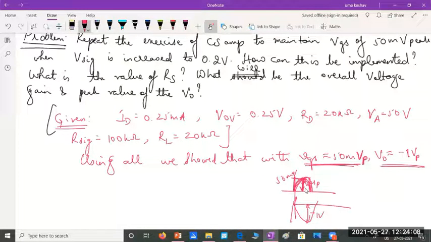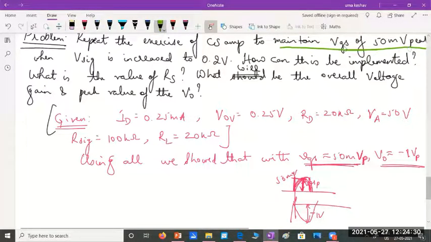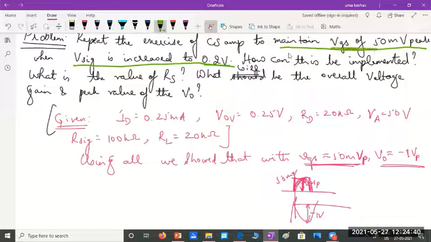That's what we mean. This we proved in the previous problem. Here he is asking us to repeat that, but look at the condition he has specified. He says the VGS should remain 50 millivolts peak only, even if the signal generator voltage is raised to 0.2 volts. So VGS should be different from Vsig.